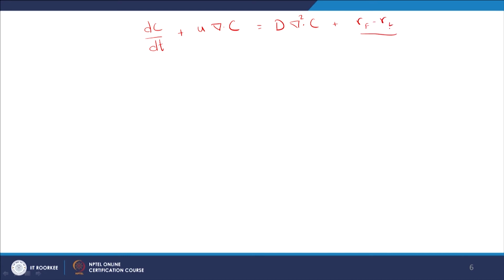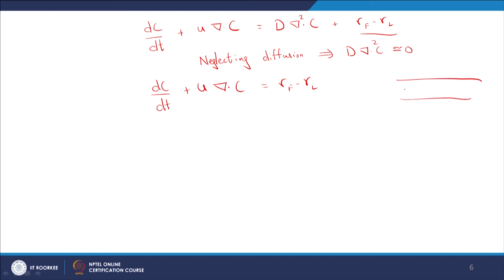This is the second way to derive what we just looked at. So neglecting diffusion here, that means D del square c is equal to 0, right. So here what are we now left with? dc by dt plus u del c is equal to rate of formation minus rate of loss.